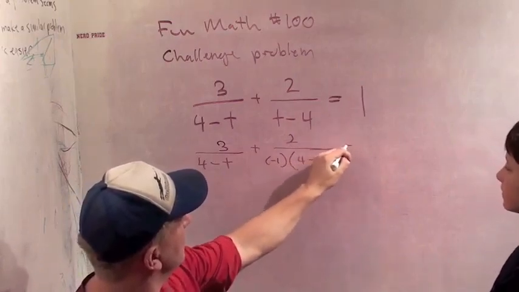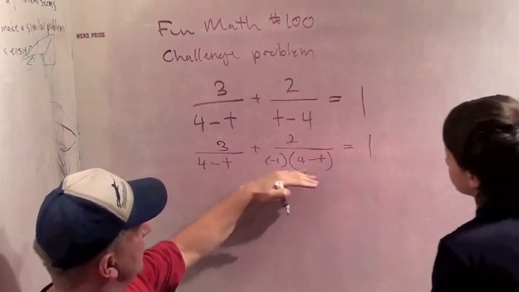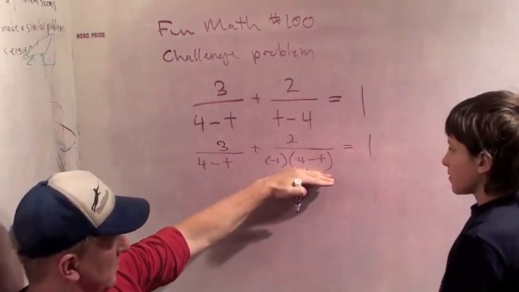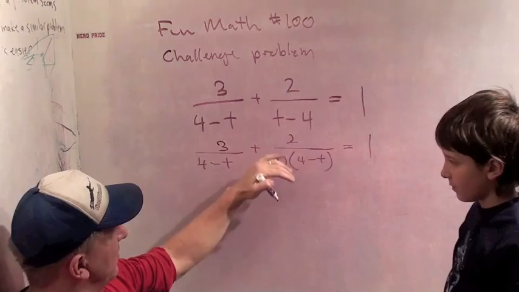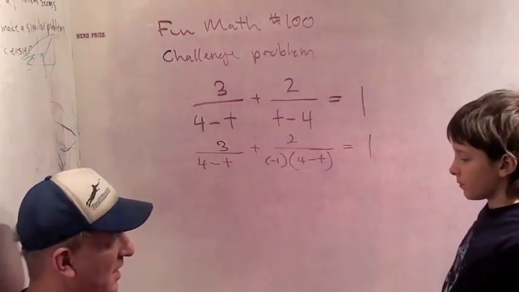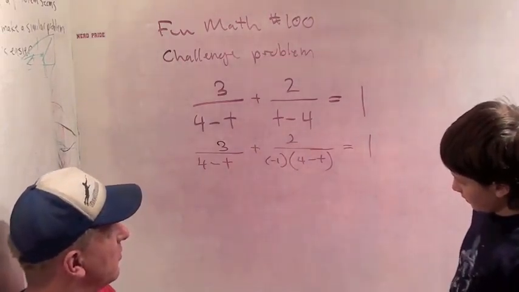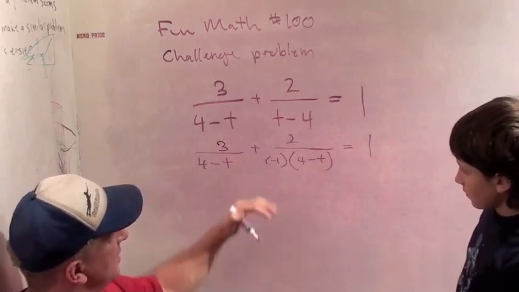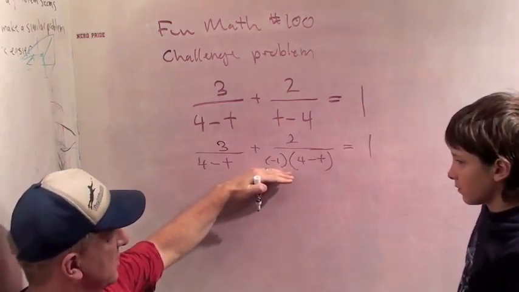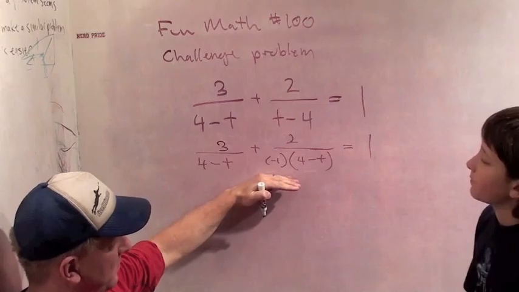Now let's see why that's true. What is negative 1 times 4 minus t? It's minus 4 plus t, which is what we had. So the sneaky thing on this is we already had a common denominator, except that it was just hidden by a secret minus 1 on the bottom.